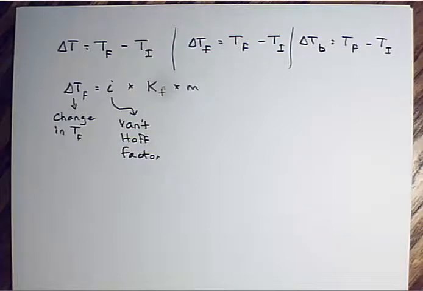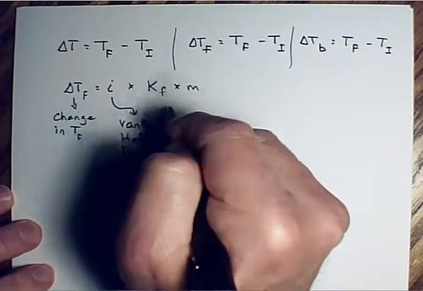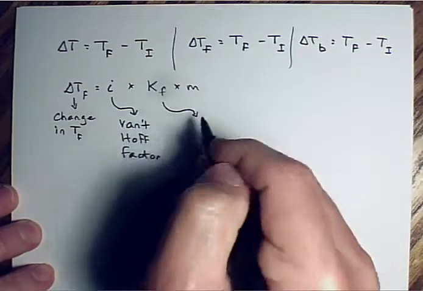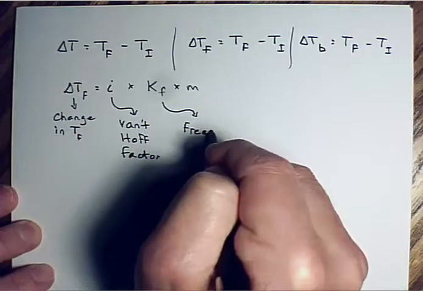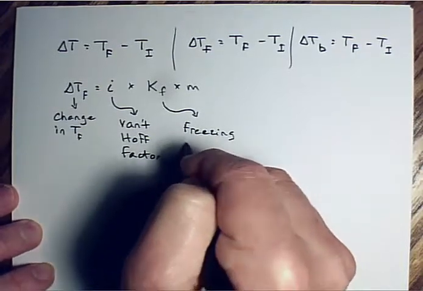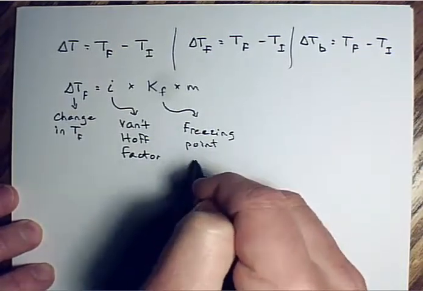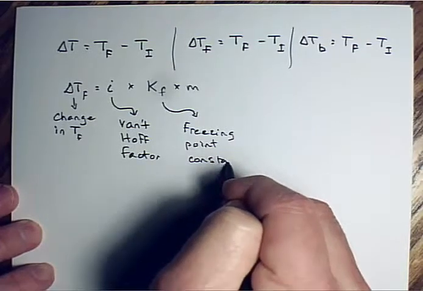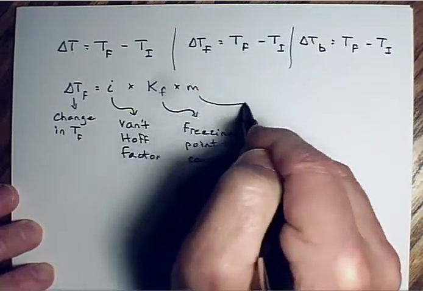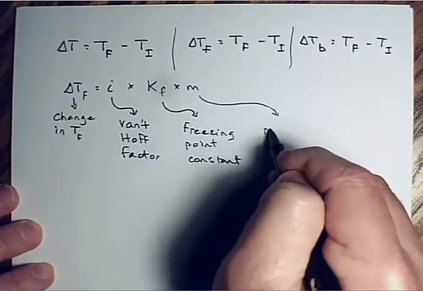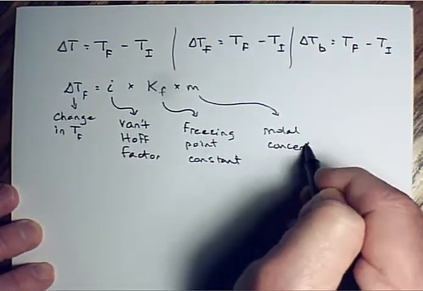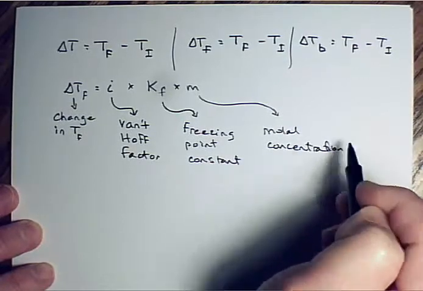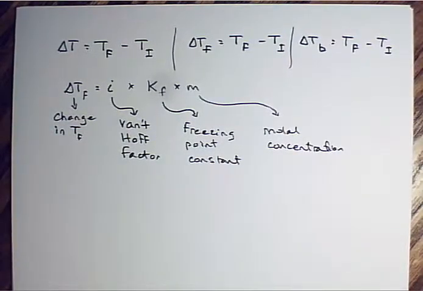It's named for somebody, so we try to spell their name and write their name the way they do it. This is a freezing point constant, or freezing temperature constant. And this is molal concentration.